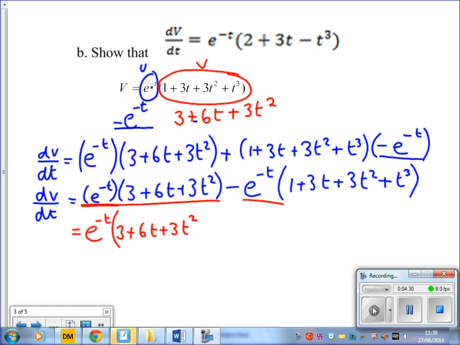From the second term, I'm left with this. But remember, we've got this minus sign here, which will be multiplied by each of those. So I'll be left with minus 1 minus 3t minus 3t squared minus t cubed.